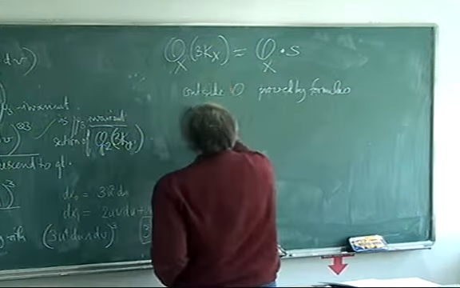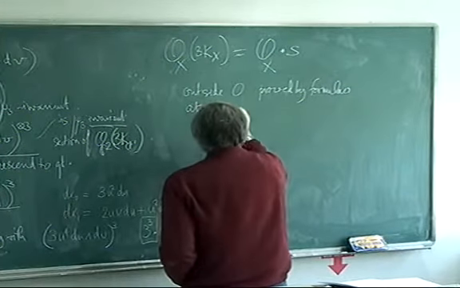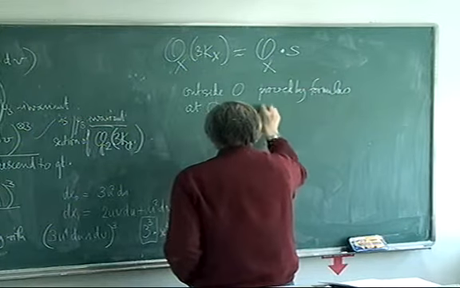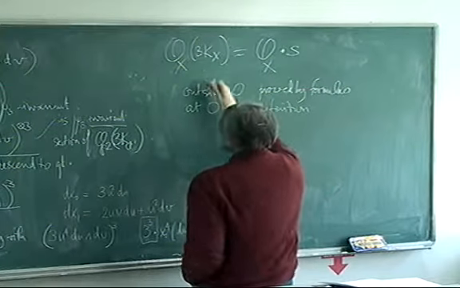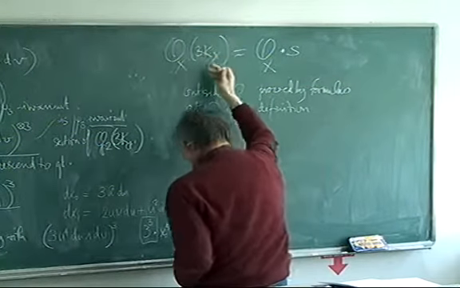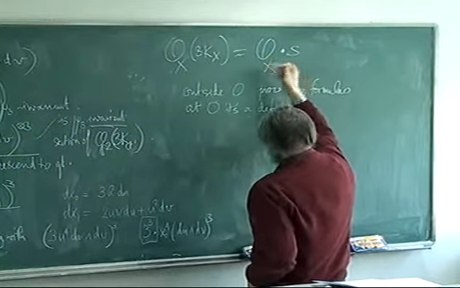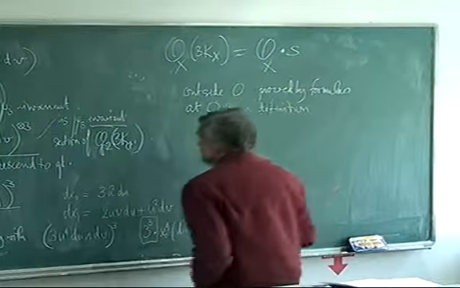And then at 0, it's basically a definition. Right, or it's the property that this is a divisorial sheaf. And so these two guys have to coincide.